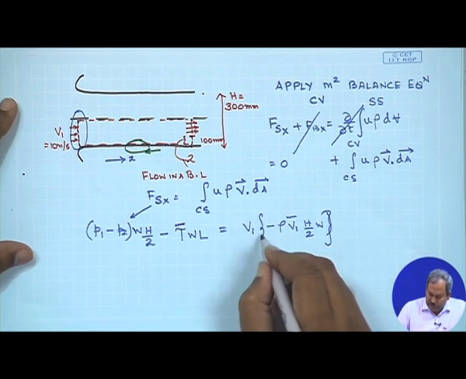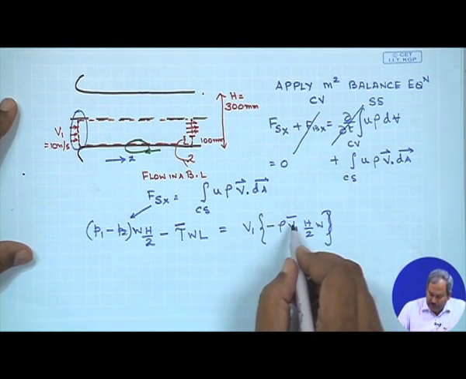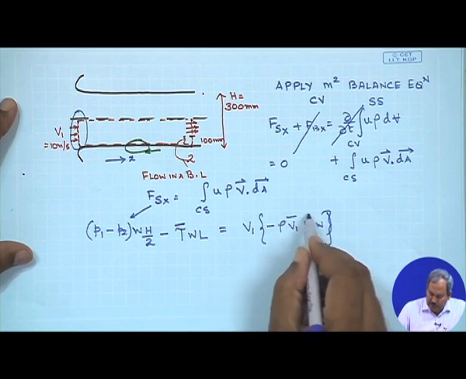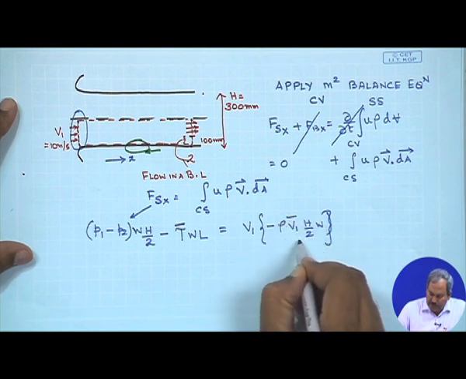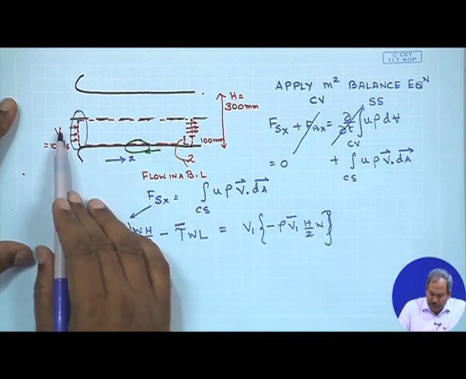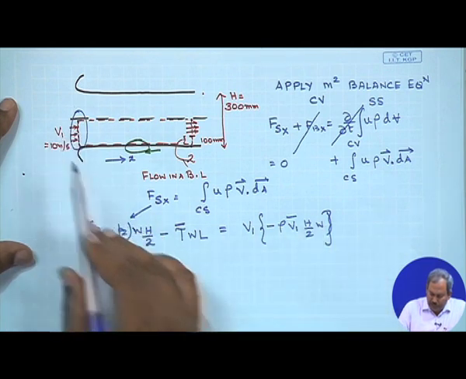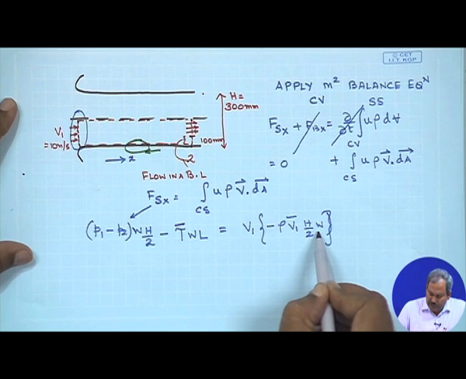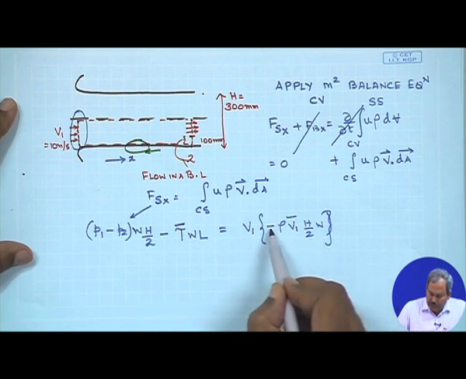So if you consider the portion inside the bracket, this is nothing but the mass flow rate of the fluid, air in this case, mass flow rate of air which is entering into the control volume. Since mass is entering into the control volume, it is going to have a negative sign according to the convention that we are using so far.